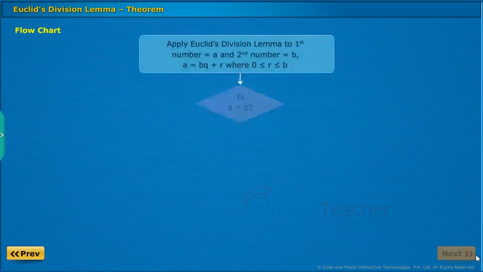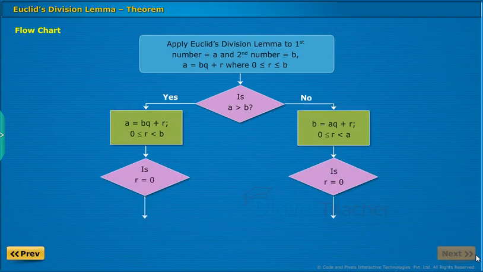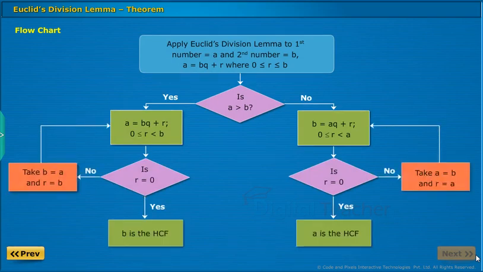Flowchart: here, let us know sequentially in the flowchart the steps to find the HCF. Let the first number be a and the second number be b. If a is greater than b, then according to Euclid's division lemma, a is equal to bq plus r, where q and r are integers and 0 is less than or equal to r, which is less than b.